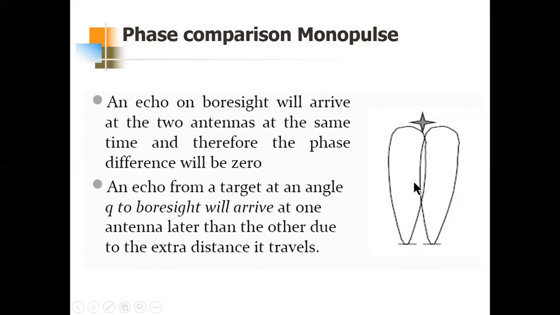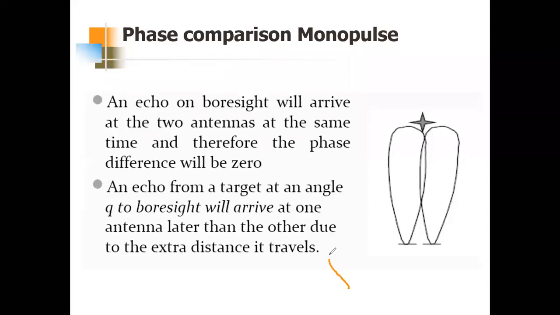If you use two beams, you get angle measurement in one coordinate. Just as in amplitude comparison monopulse, two beams are used for one angle coordinate, one angle measurement in one coordinate system. In phase comparison monopulse, the two beams look in the same direction, not like amplitude comparison, where the beams are squinted like this, pointing in two different directions.